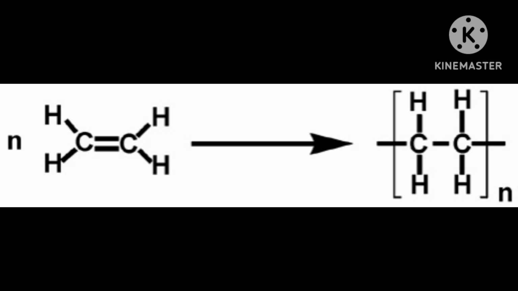Take n molecules of propene, write n outside, and inside CH3 CH double bond CH2. It will polymerize at high temperature, high pressure, in the presence of a catalyst. What will it give? Now CH3 is there in propene, and you can write that as a branch.